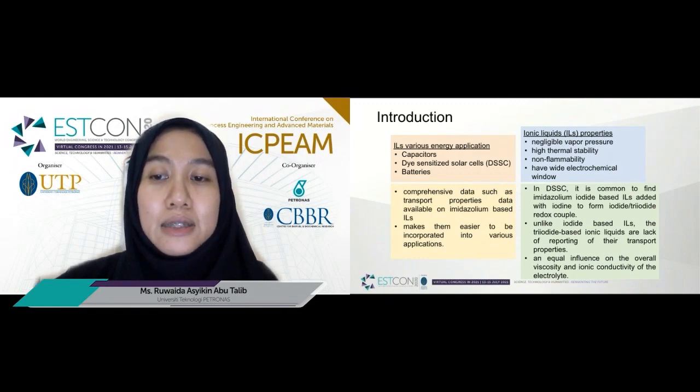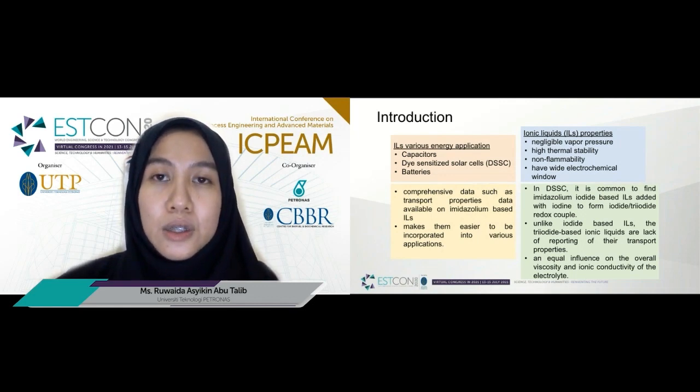Unlike iodide-based ionic liquids, triiodide-based ionic liquids lack reporting of their transport properties, although they have an equal influence on the overall viscosity and ionic conductivity of the electrolyte. Hence, in this study, 3-alkyl-methylimidazolium iodide with varying alkyl chain lengths of propyl, butyl, and pentyl were synthesized and became precursors to obtain triiodide-based ionic liquids.